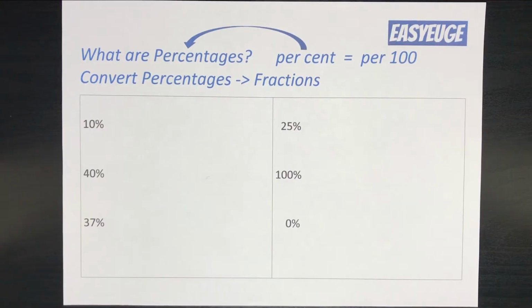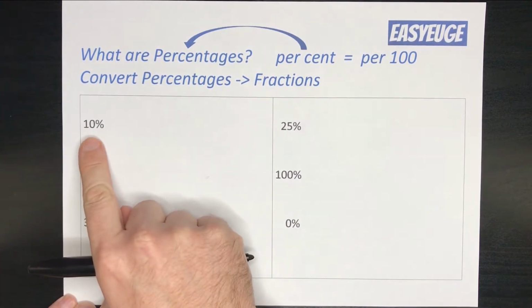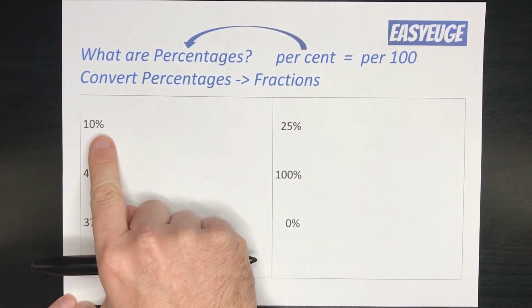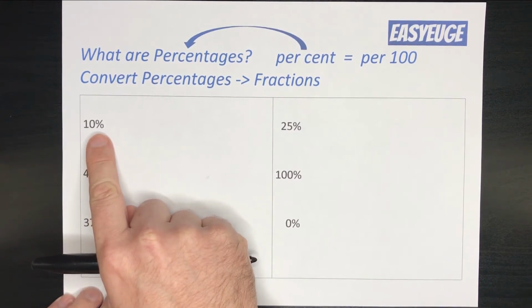So let's start with a definition of what a percentage is. Well, it's a number or ratio expressed as being divided by 100 or per 100. So what do percentages look like? It's a number with this percentage symbol at the end. So there's 10, and this symbol means percent.